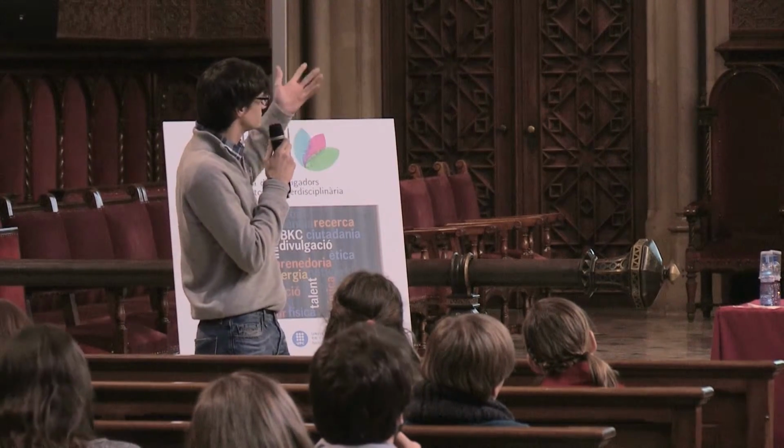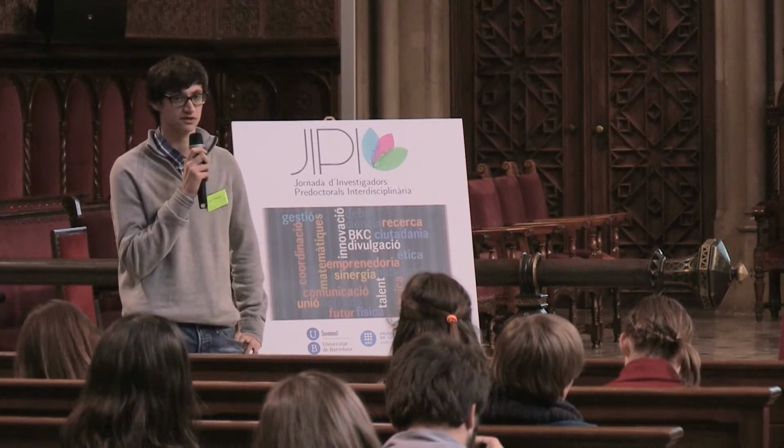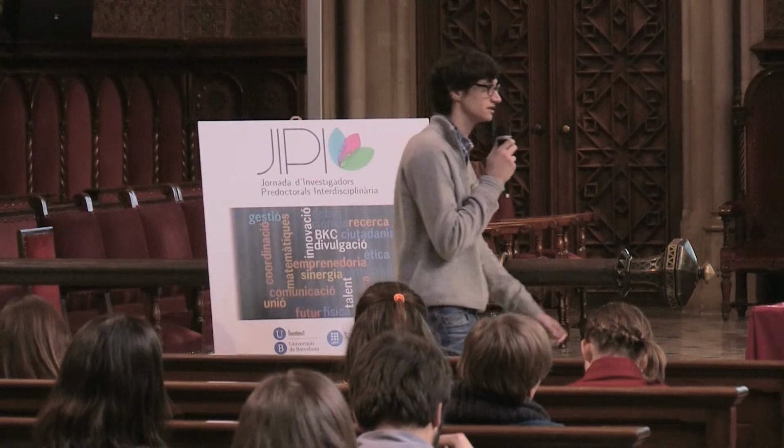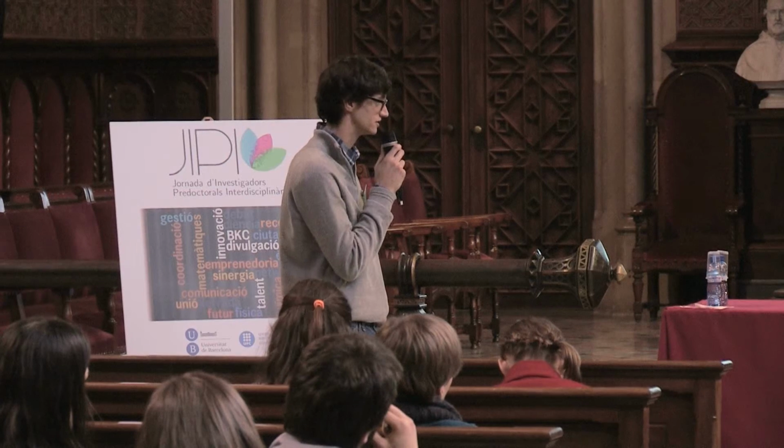Well, there are a lot of causes that produce instabilities in the solution, but in particular, in this image, the instabilities are produced by the presence of shocks, which are these jumps in the solution. Alba in particular is working on the shock capturing field, which consists of adding some artificial diffusion to the method in order to remove the instabilities and produce a better result like this one, where the solution is stable, so we don't have oscillations here.